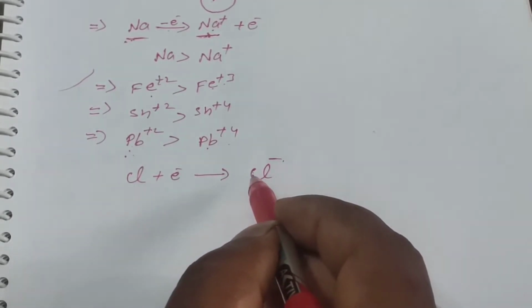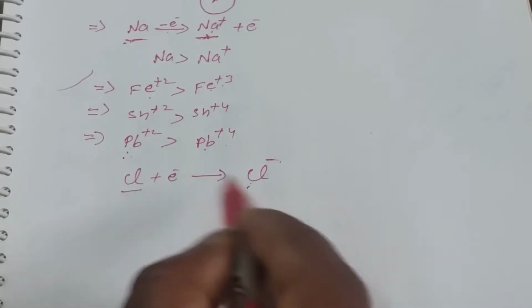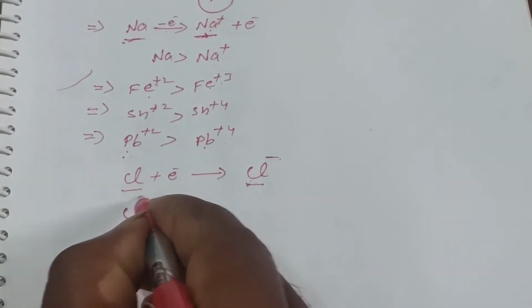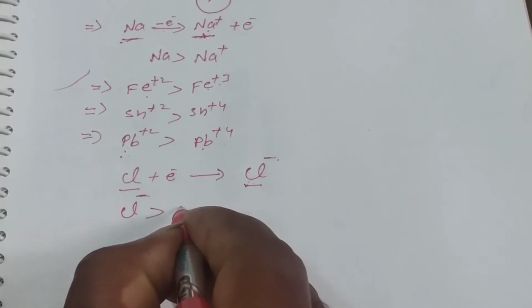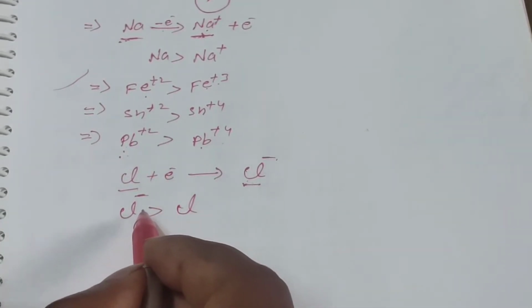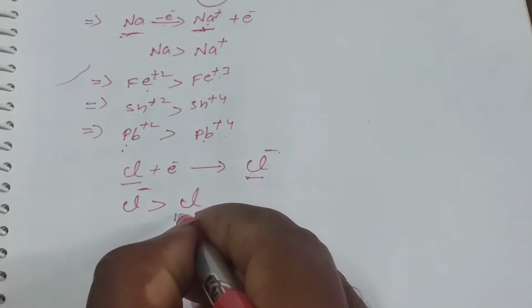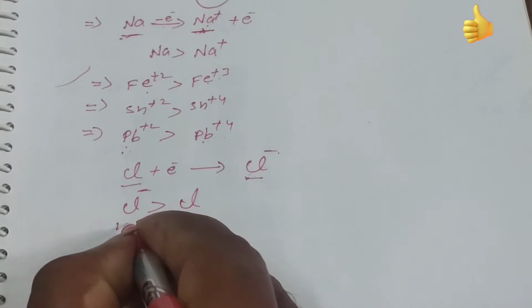Comparing chlorine and chloride, the chloride ion is greater than chlorine. Why? Because chlorine has only 17 electrons, but chloride has 18 electrons.